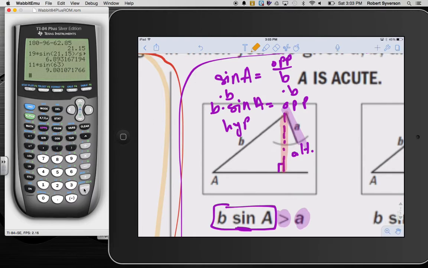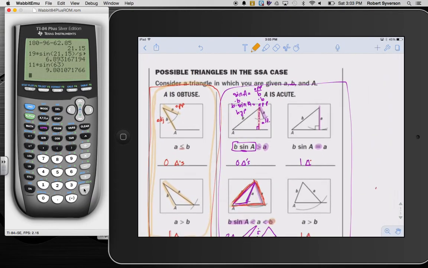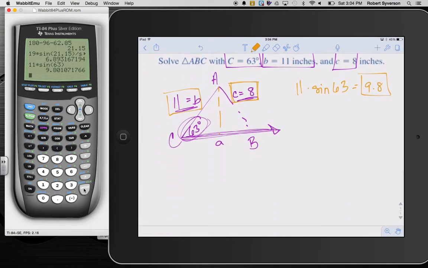I don't have to complete anything. I'm done. There are no triangles possible. All right, so that's simply my answer. No triangles to solve. Okay, and again, that was because the altitude that I found, 9.8, was larger than that opposite side of 8.